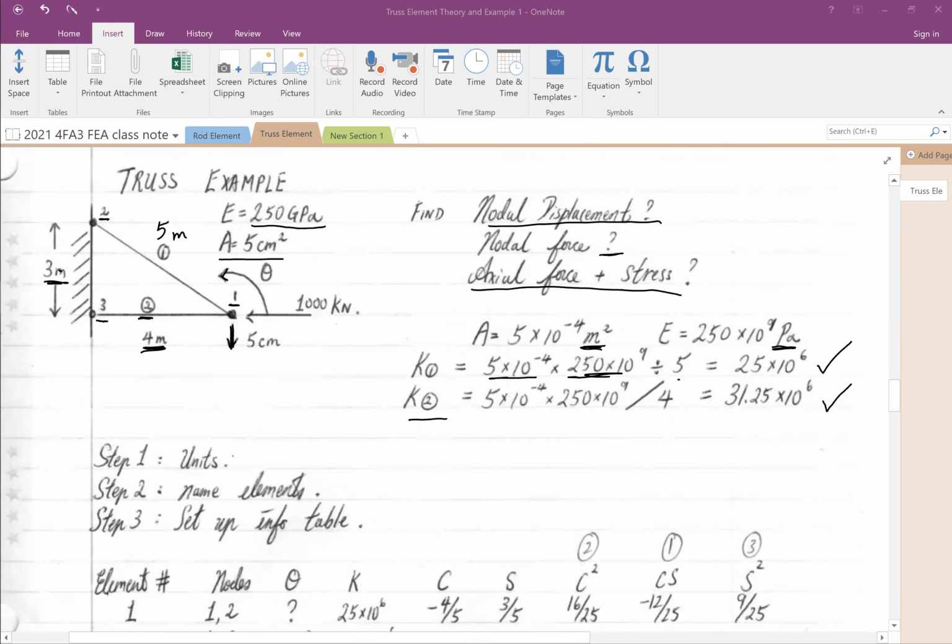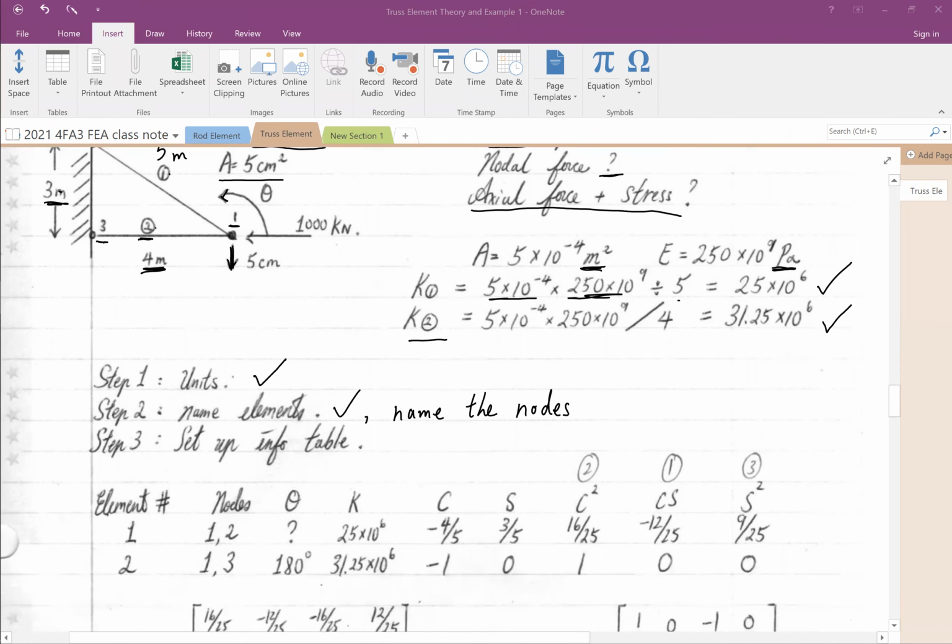Basically, when you see a truss example, here are the steps. Step number 1, change all the units into something workable. Number 2, name the elements, elements 1, 2, and also, I forgot this, name the nodes as well. Now, step 3, let's set up an information table for the elements.